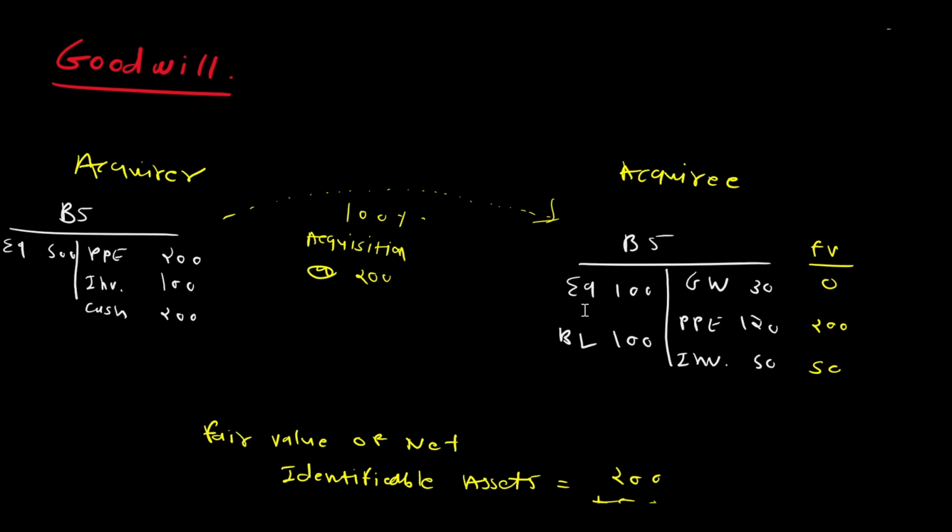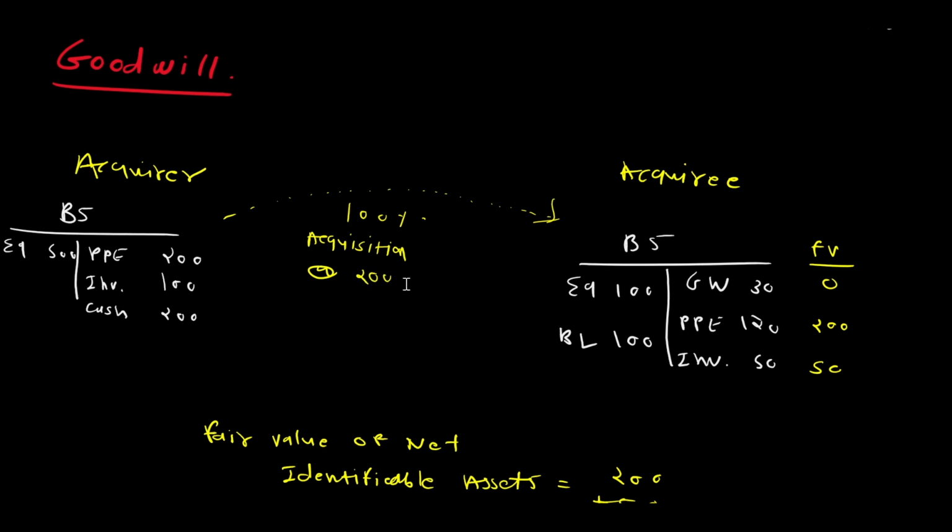His balance sheet says equity is 100, bank loan is 100, goodwill is 30, PPE is 120, and inventory is 50. So I decide to buy 100% of this company at 200 rupees.